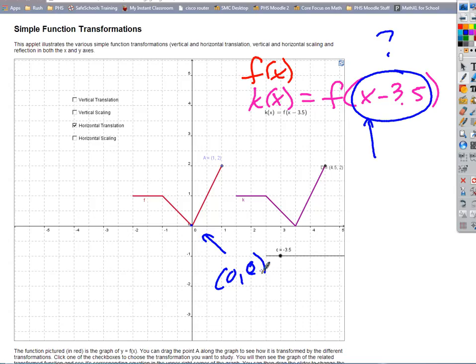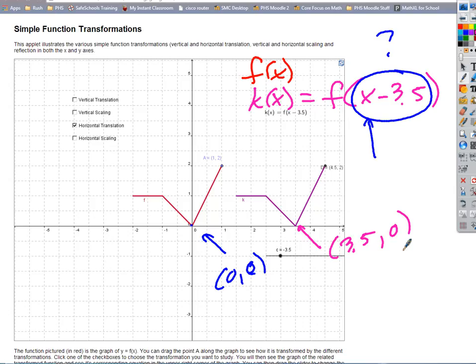Well, k of x is going to be f of what? I still want to be feeding f a 0 when I input a 3.5 for x, because the coordinates of this point right here are 3.5, 0. I want f of x to think it's getting a 0, because when I input a 0 into f of x, it's going to spit back a y value of 0.